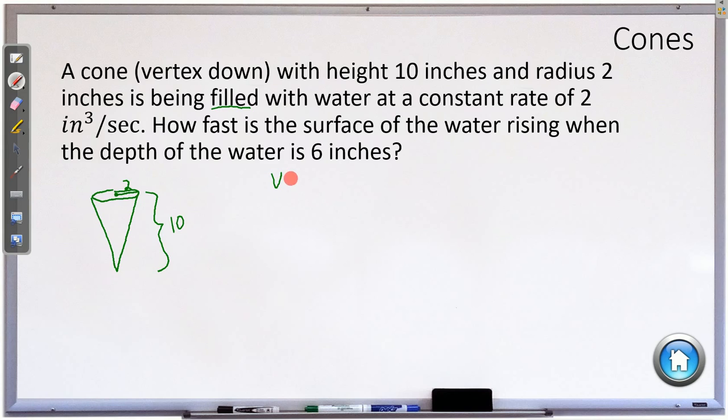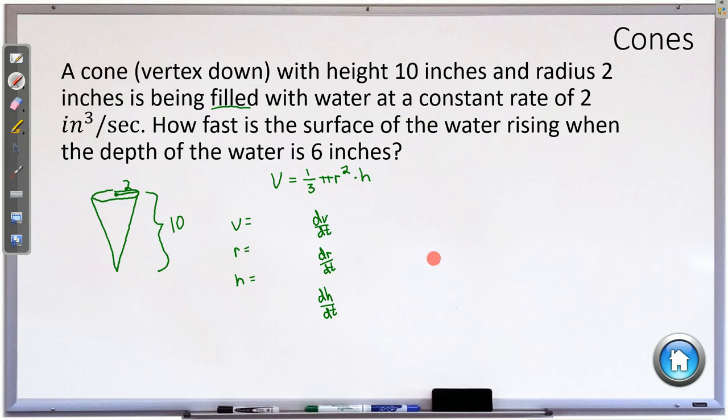If you remember, the volume of a cone is 1/3 pi r squared times height. And so we're going to have V, we're going to have R, and we're going to have H. And we're going to have dV dt. We're going to have dr dt. And we're going to have dH dt.